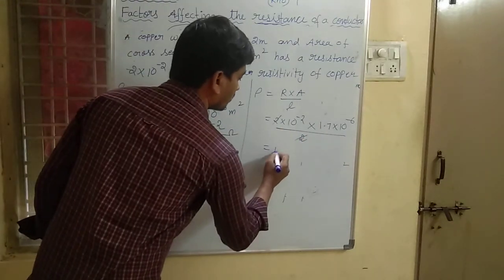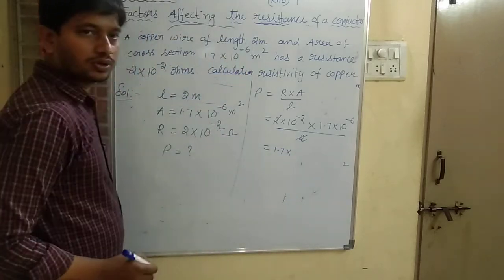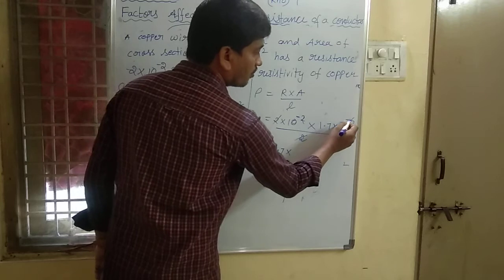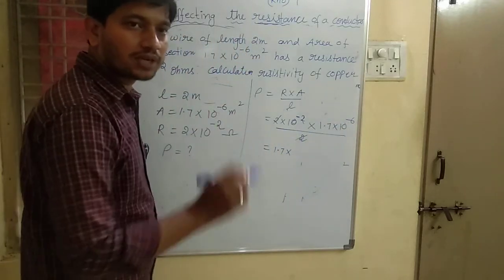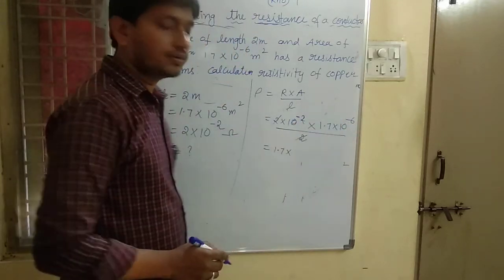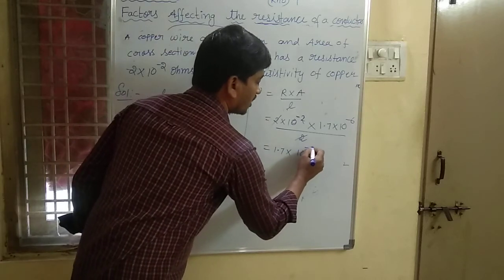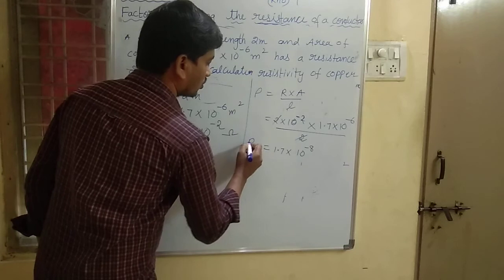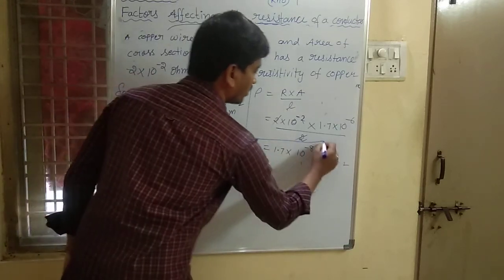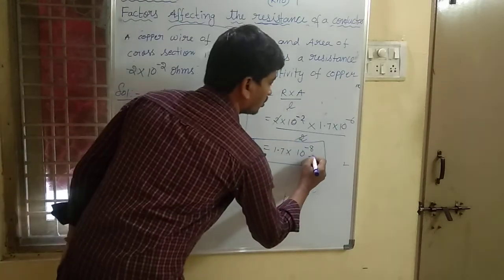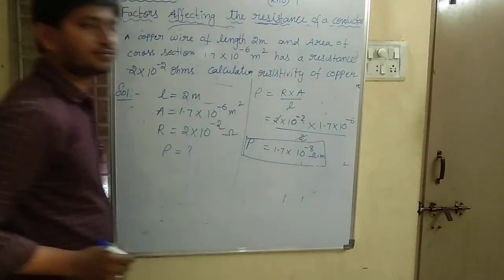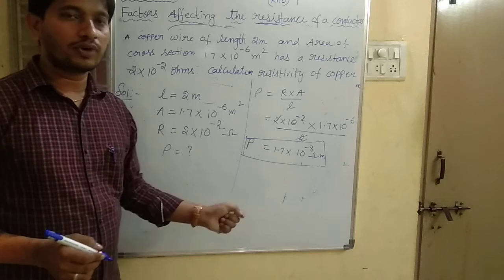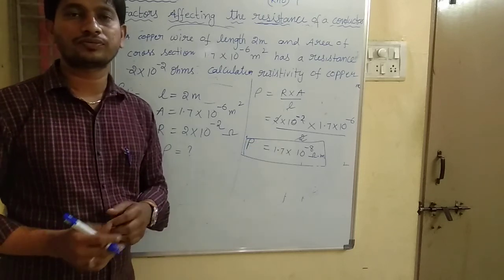So that is 1.7 into 10 power minus 2 and 10 power minus 6. As bases are equal, powers should be added, so 10 power minus 8. So rho equal to 1.7 into 10 to the power of minus 8 ohm meters. So resistivity of copper is 1.7 into 10 to the power of minus 8 ohm meter.